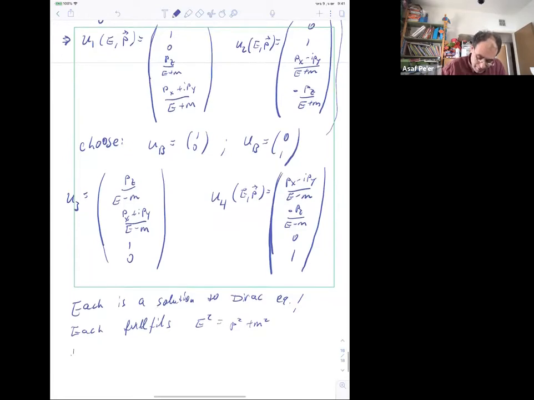So in the limit P goes to 0, we retrieve the solutions for particles at rest.